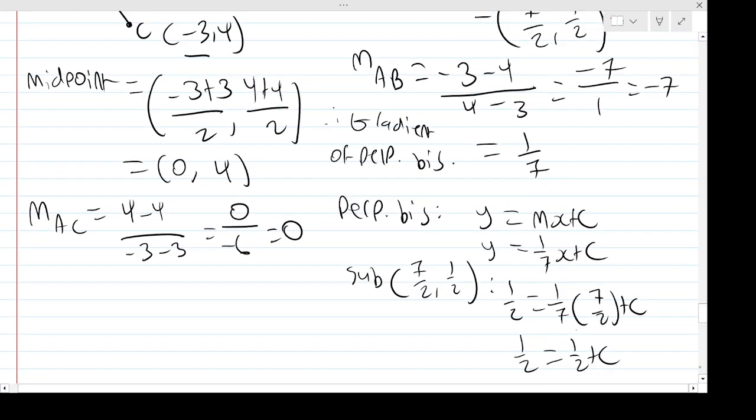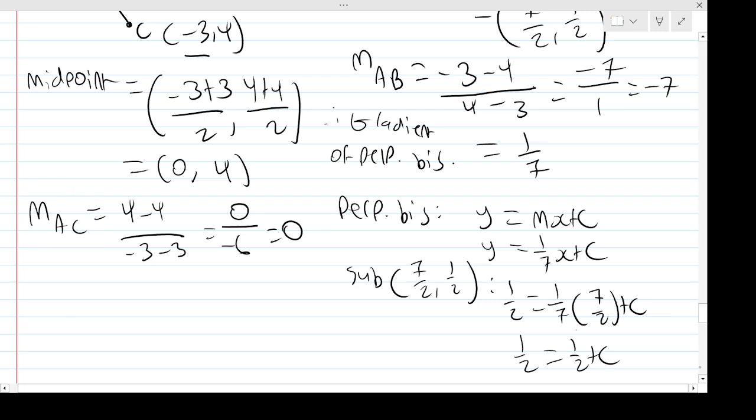Therefore, well, if the gradient, we're not in the best position here because, well, actually, no. Think about it. This tells you that the gradient is flat.